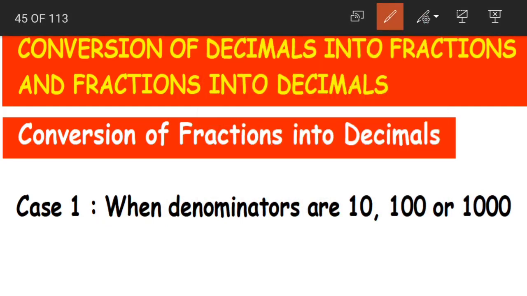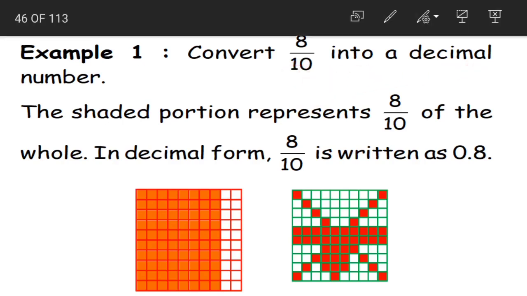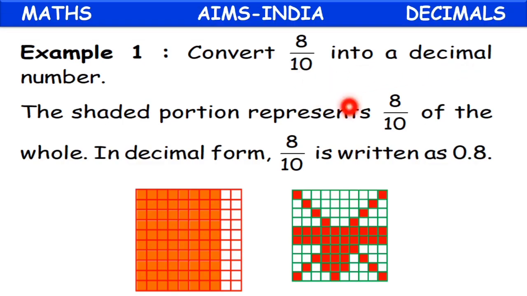When we have the denominator of a fraction as 10, 100 or 1000, we call them our friendly denominators. We have already discussed how to convert such fractions into decimals, but as the topic has come, we will revise it briefly.